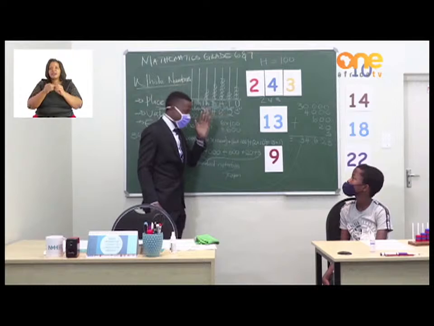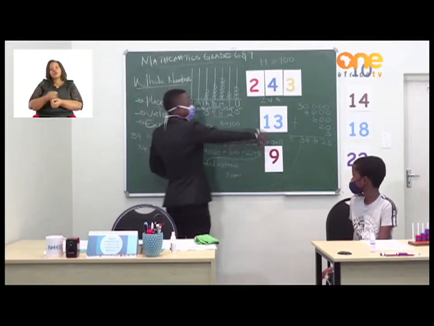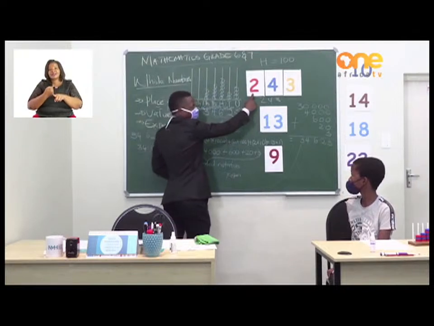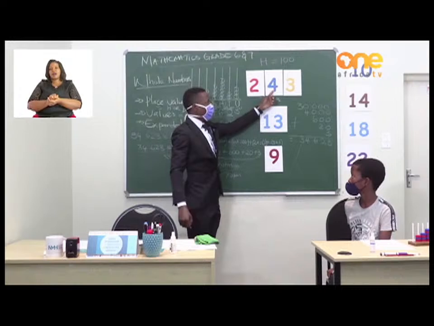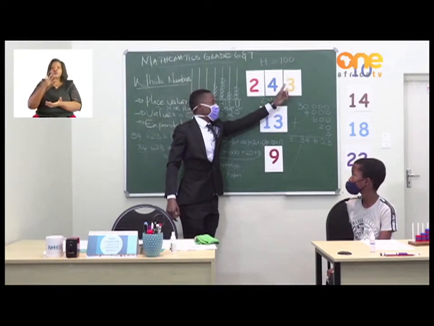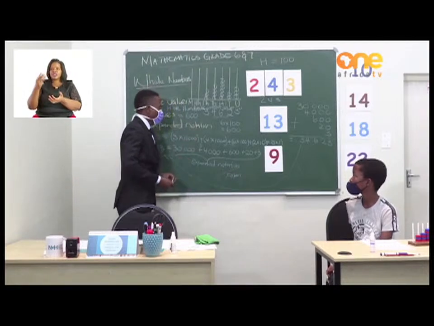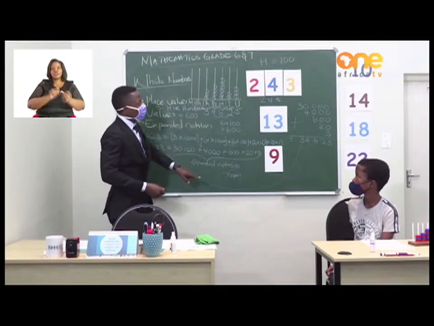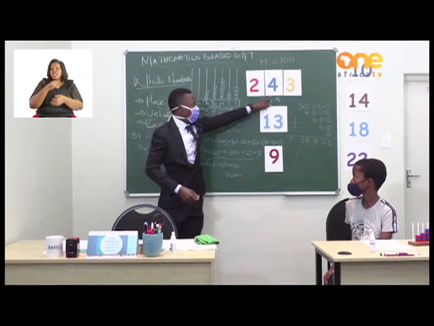Now, you can also test yourself. Place values. What is the place value of 2 in this number? What is the place value of 4 in this number? What is the place value of 3 in this number? Then you continue with the values. What is the value of 2 in this number? What is the value of 4?